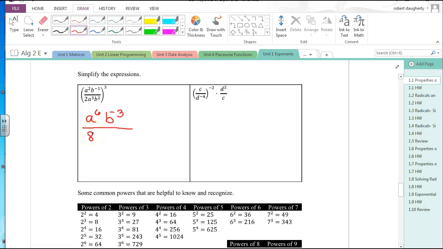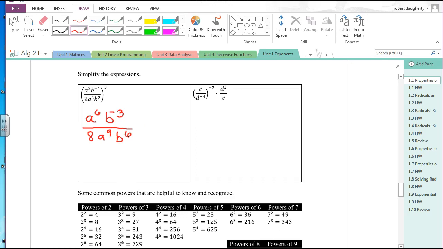Let's call it 8 for today. What's a cubed cubed? That's a to the 9th. I multiply exponents. And then b squared cubed. Multiply them. That's b to the 6.